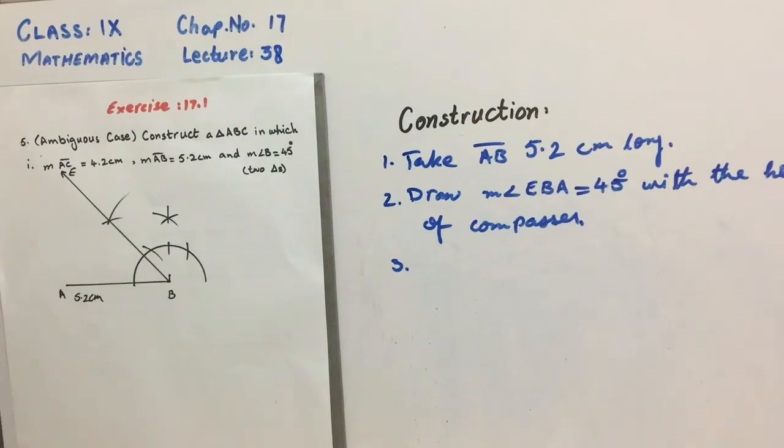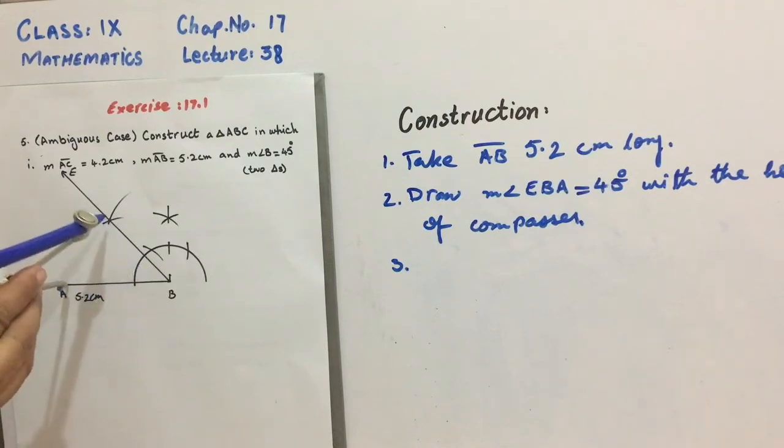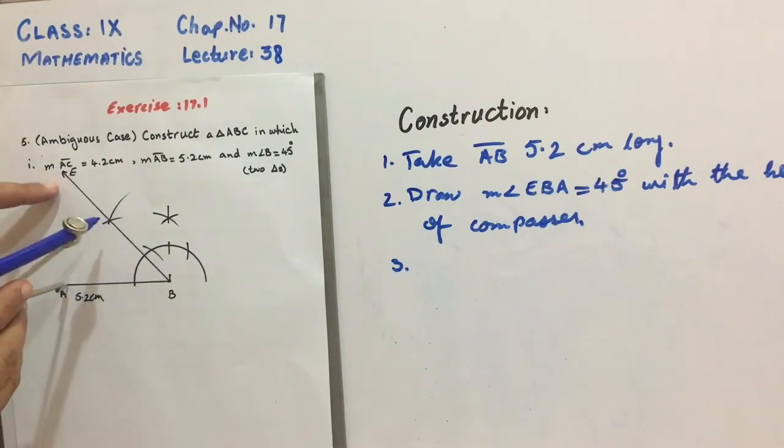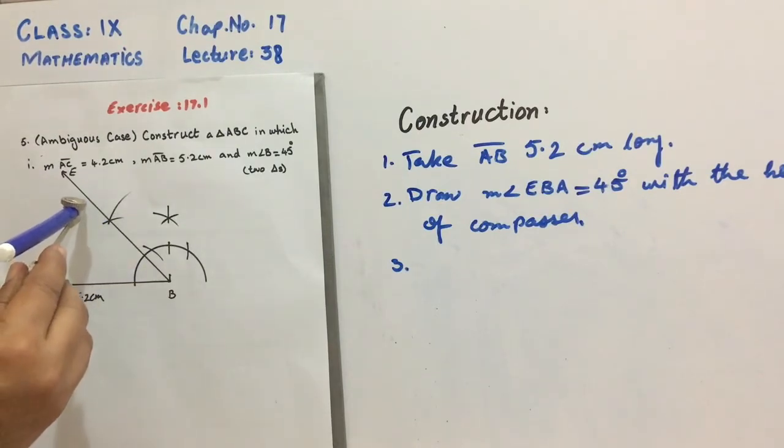Taking A as center, I can mark an arc of radius 4.2 centimeters to get point C. Taking A as center, mark an arc to cut ray BE at a point.